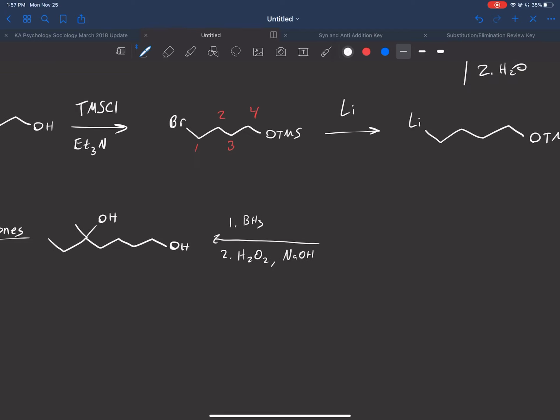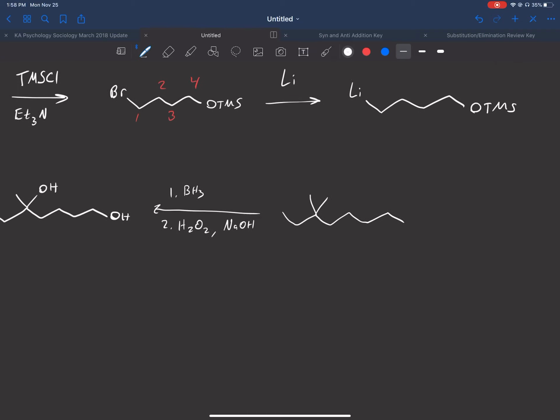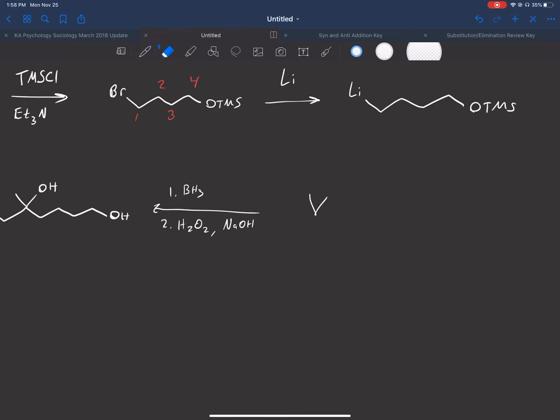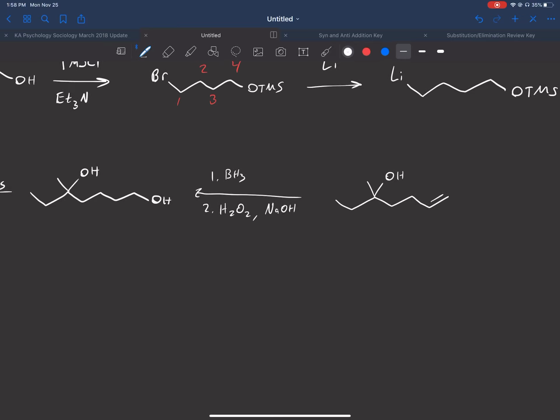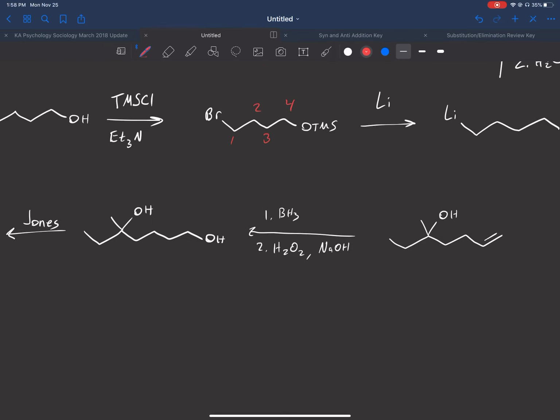Remember, these are alkene reactions. You should always know them. Even in Orgo 2, I use these. So here we have the double bond. Remember, that's how hydroboration works. We put the double bond here because hydroboration adds alcohols to the least substituted carbon.